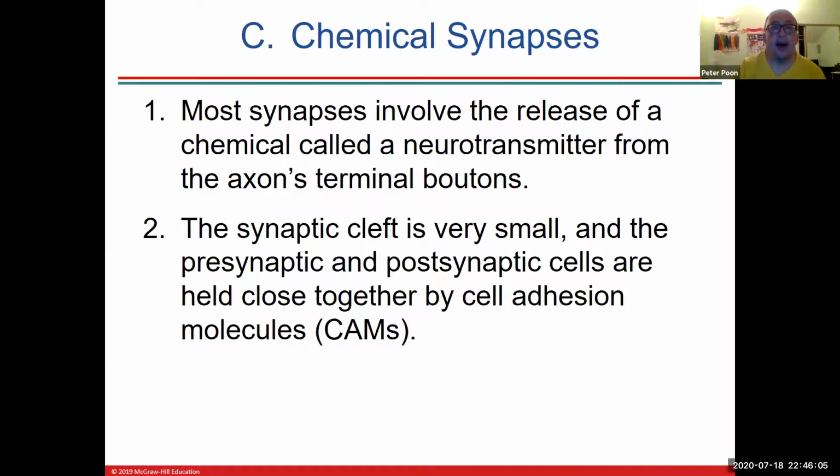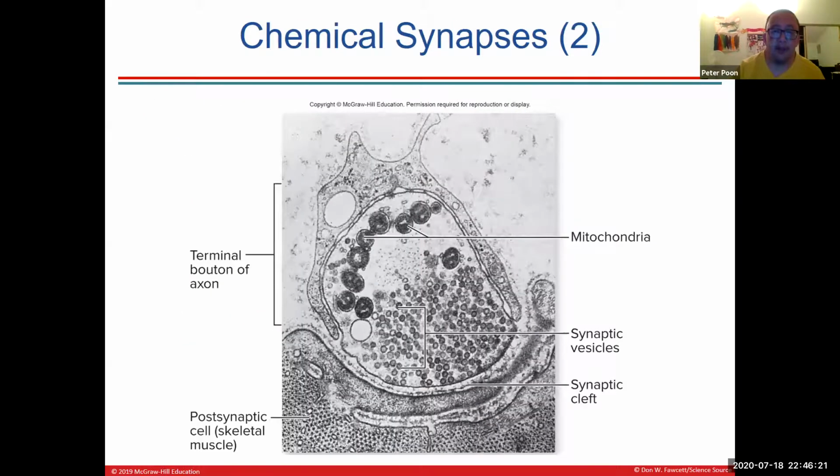Most synapses are chemical synapses, and chemical synapses always release a chemical called a neurotransmitter. Here's the synaptic cleft. Here's the axon terminal, and here's the cleft.